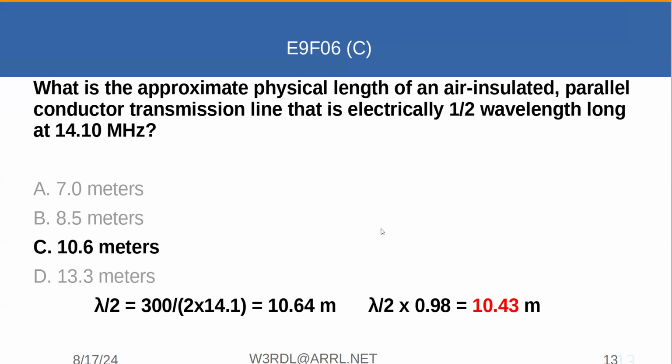That's not right. He comes up with 10.4, no, the 20 meters. But it's still 10.6 is the right answer because it's the closest one.